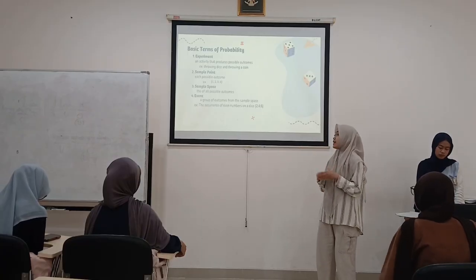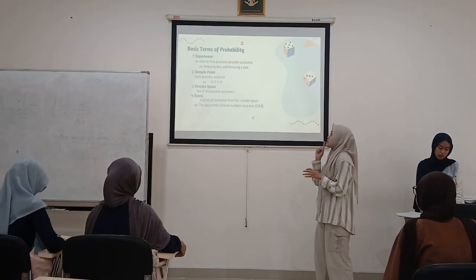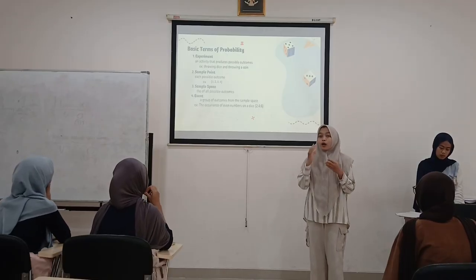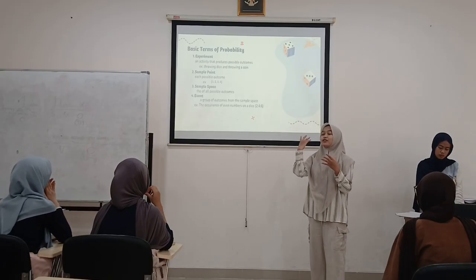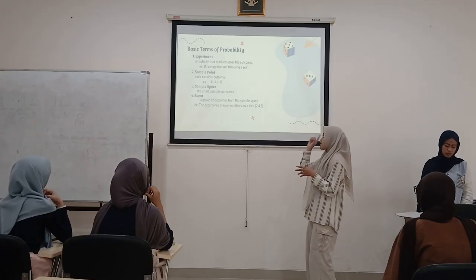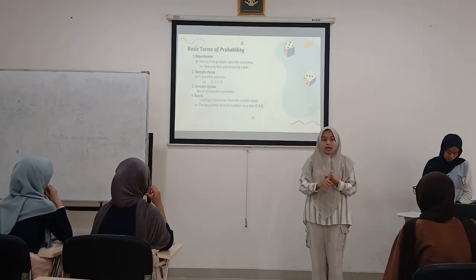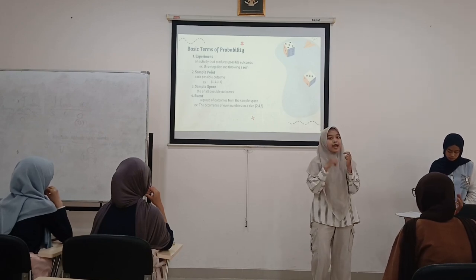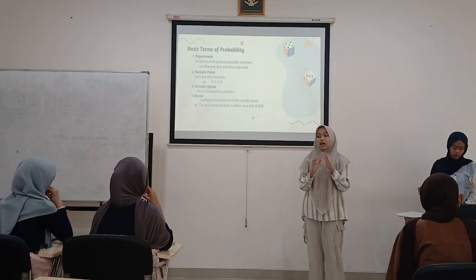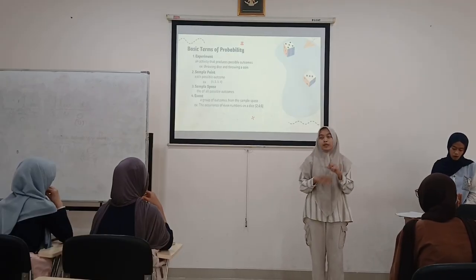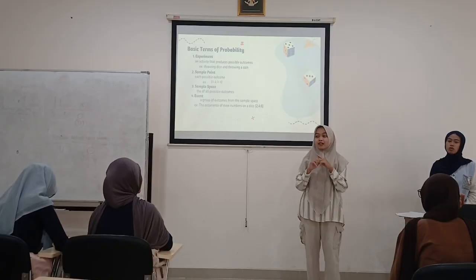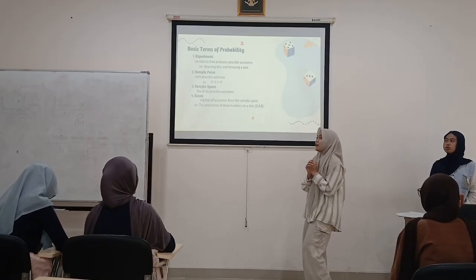Third, sample space. Sample space is the set of all possible outcomes. For example, if you throw the dice, the sample space is 1, 2, 3, 4, 5, and 6. Do you know the difference between sample point and sample space? No. Okay.